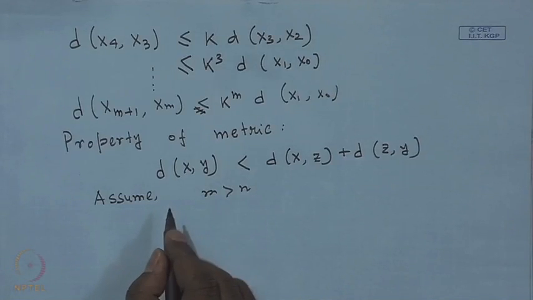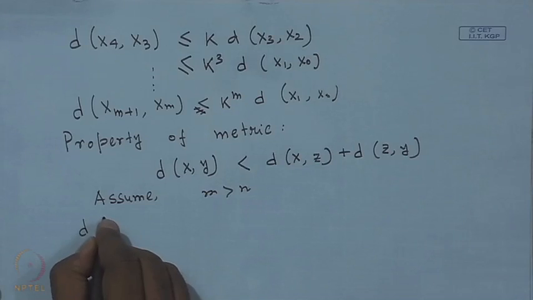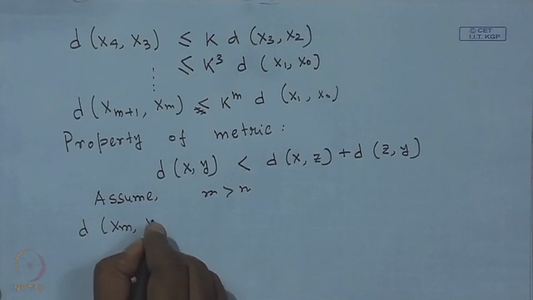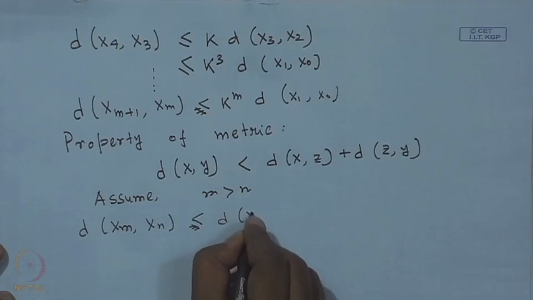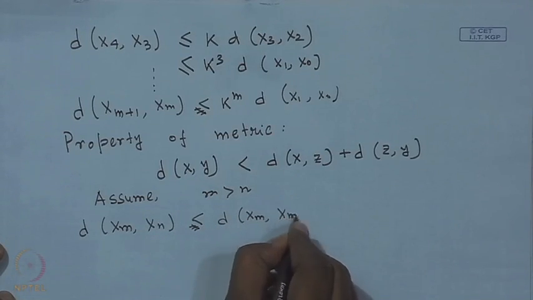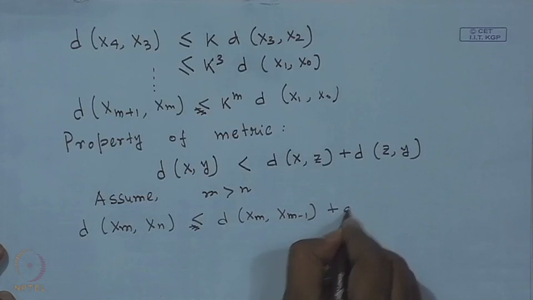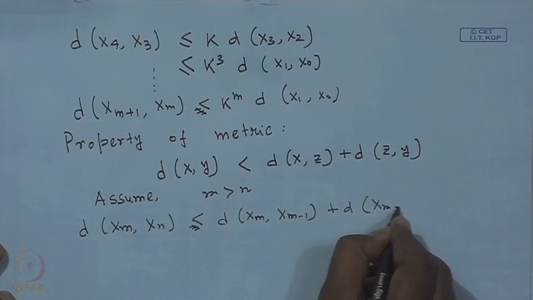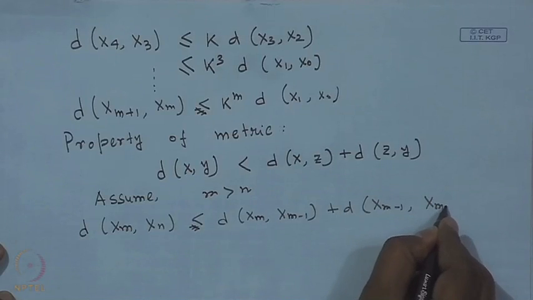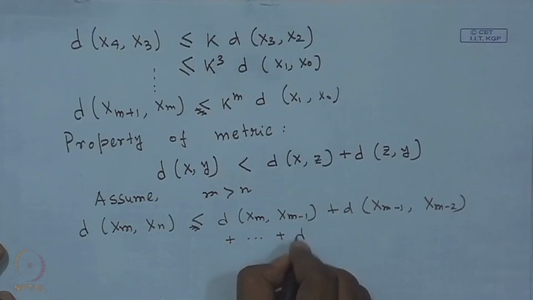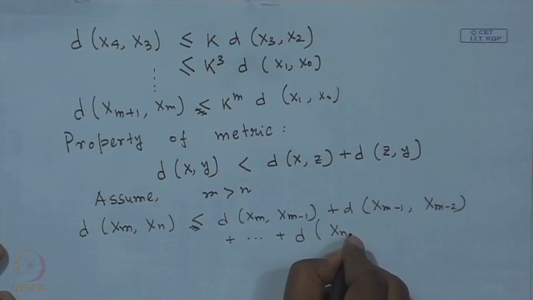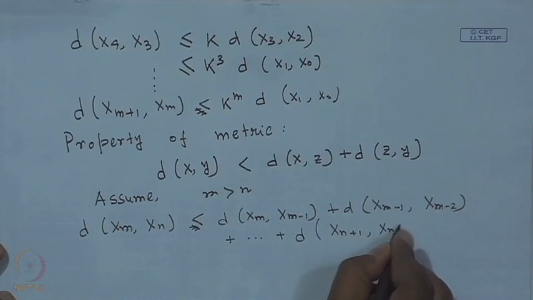Using this triangle rule of metric, we can write down metric between x m and x n should be less than or equal to metric between x m and x(m-1) plus metric between x(m-1) and x(m-2) plus up to metric between x(n+1) and x n.